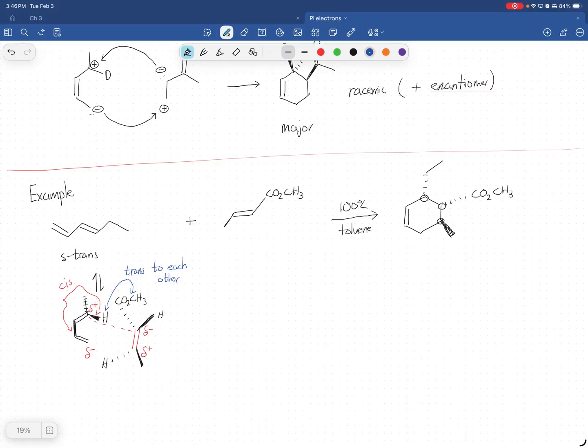So this hydrogen, the group that's part of the diene that's kind of cis to the carbon-carbon single bond, that group is pointing in opposite directions. The H is going this way, and then as the alkene approaches, the acetyl group is approaching under the diene and is pointing in the opposite direction. So those groups are trans to each other. So in the endo transition state, that is actually what happens as this reaction proceeds.